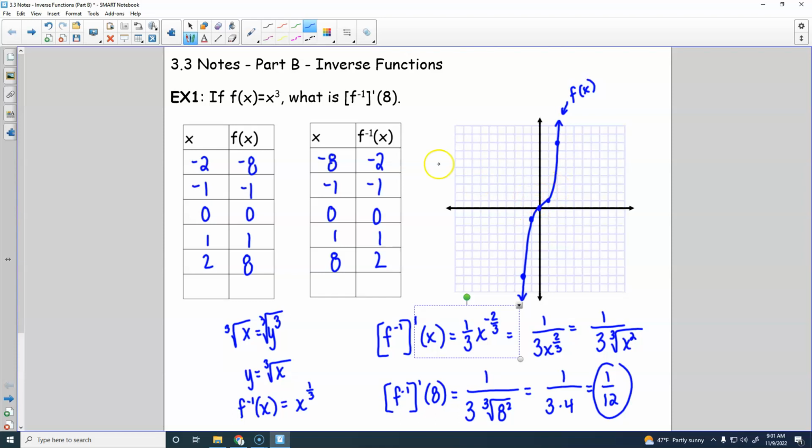And so that graph, I'm going to do in green, that would look like this: -8, -2, -1, -1 would stay the same. These 3 points right here would stay the same, and then I'd have 8, 2. So that graph would look like this.